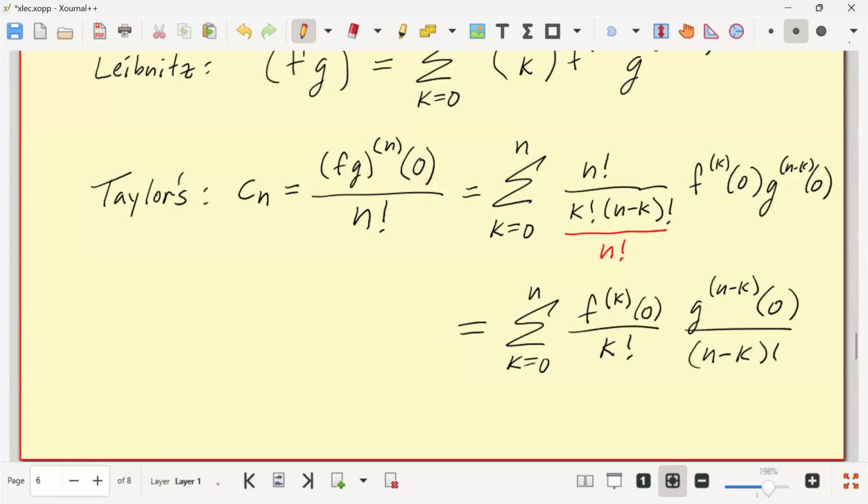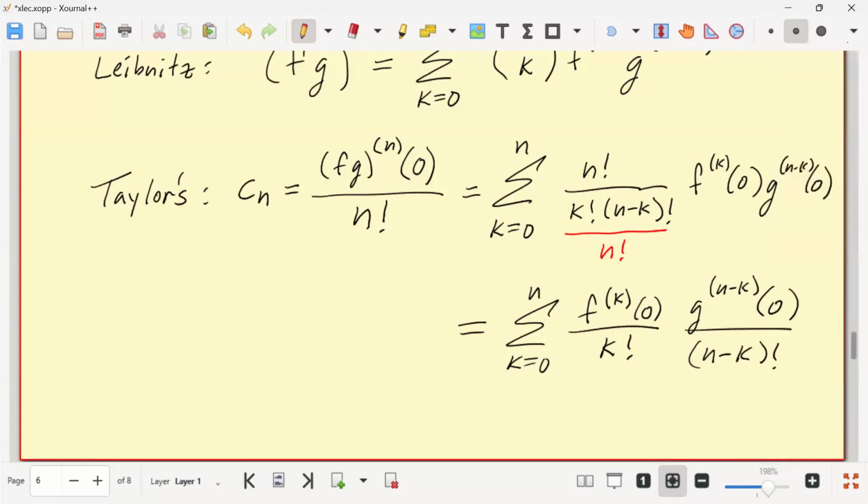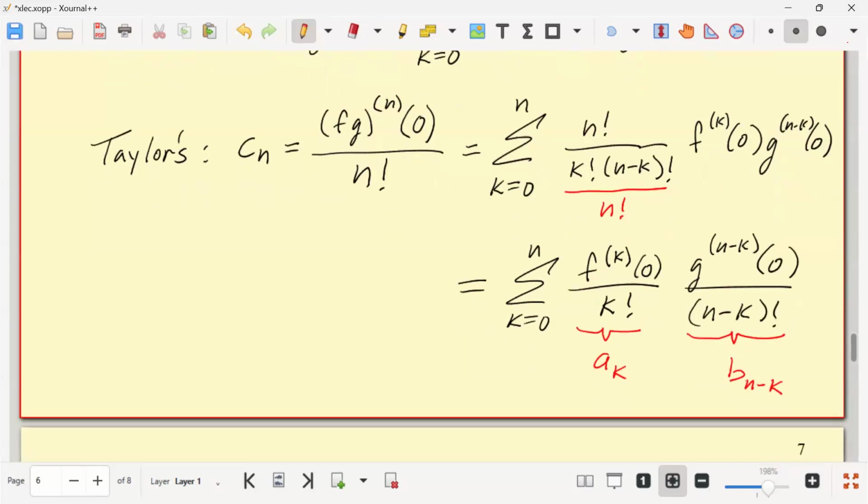And that's when you realize that's just Taylor's formula. This is the a_k coefficient, and this one is the b_(n-k) coefficient. And so it's a snap.